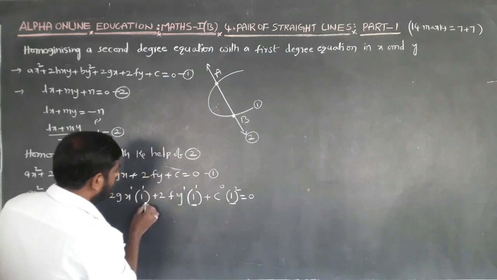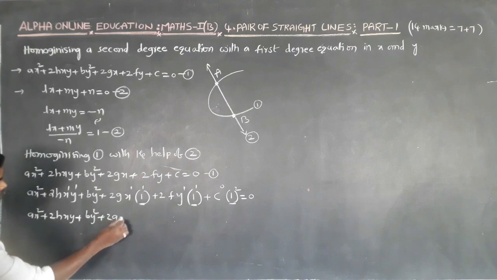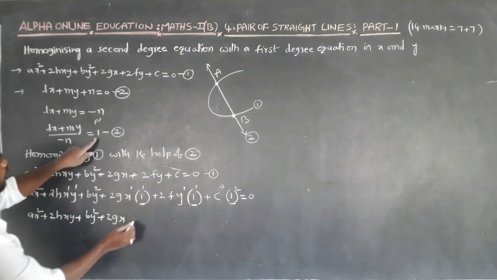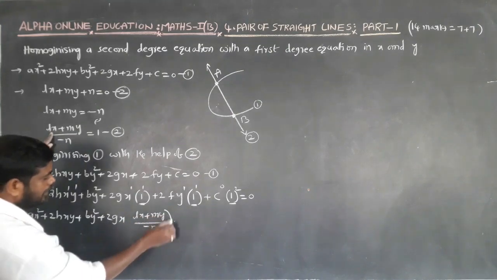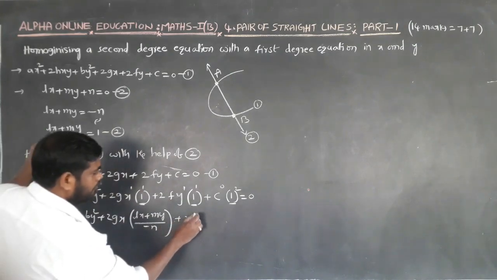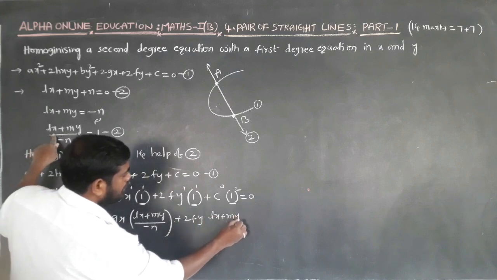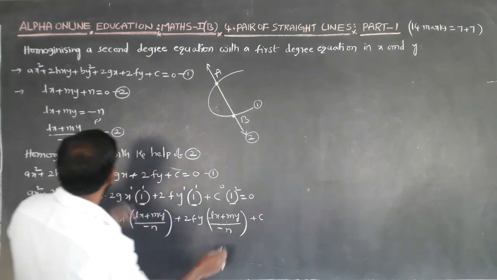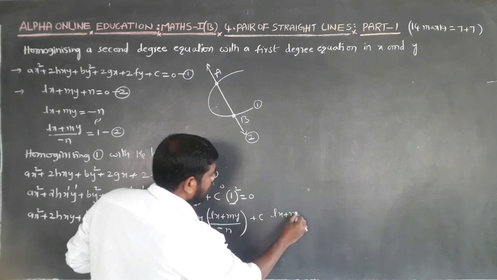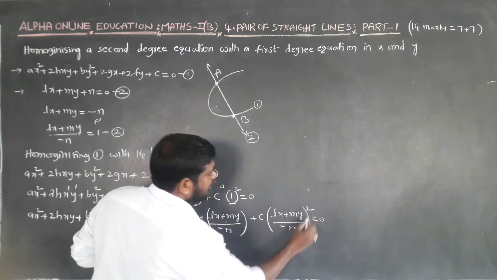Write in one place: ax square plus 2hxy plus by square plus 2gx into 1, where 1 is lx plus my by minus n, plus 2fy into 1, where 1 is lx plus my by minus n, plus c into 1 square, where 1 is lx plus my by minus n, the whole square, is equal to 0.